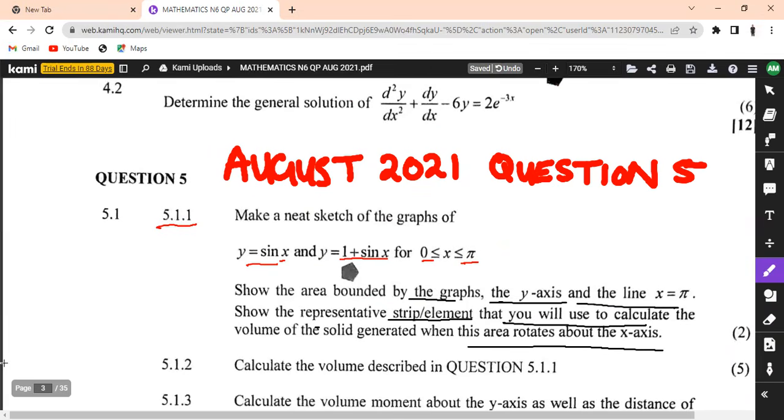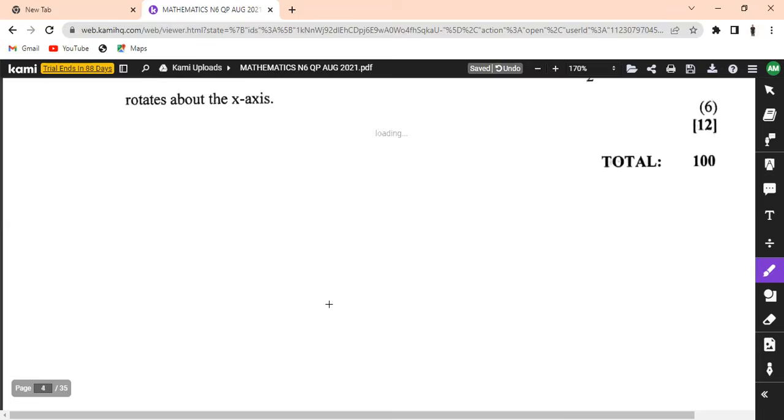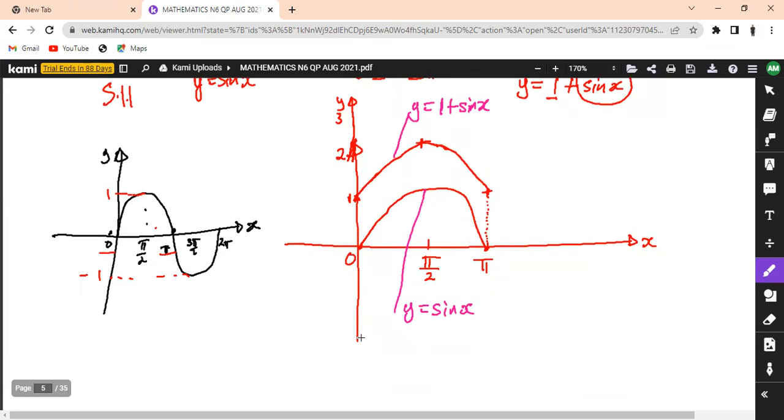So it's going to rotate about the x-axis, and you're given in between 0 and pi. Definitely, guys, as we can see, in between 0 and pi, this is the area that we need. This is the area that we're going to have.